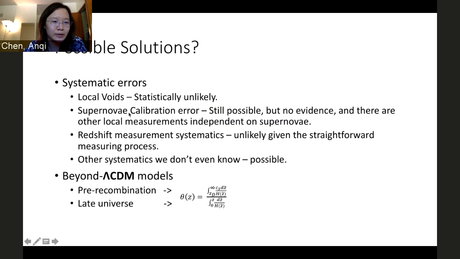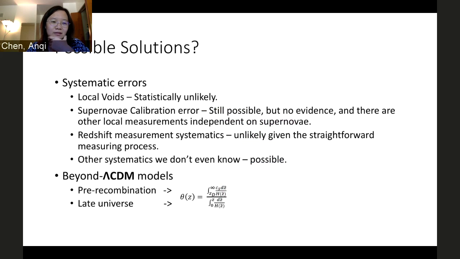Another possible systematic error is the supernova calibration error. Like me, any person not in astronomy might question how standard this standard candle is. Well, at least for any calibratable, close supernovae we observed, we see pretty consistent magnitudes of type 1a supernovae. But there's still the possibility that this magnitude is redshift dependent, that there's a redshift evolution of the type 1a supernova magnitude.